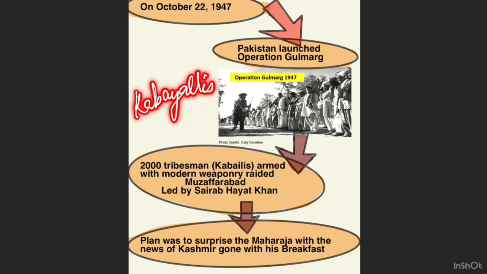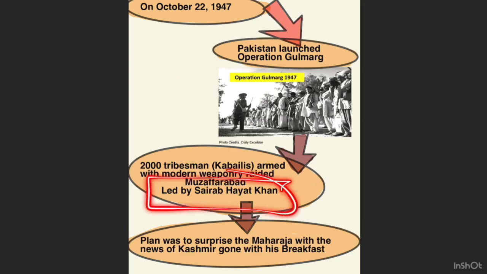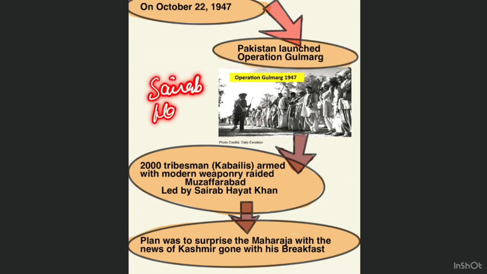If the term Kabyle is used, don't confuse it; it is the same as the tribal invaders. They were armed with modern weaponry and raided the city of Muzaffarabad, led by a Muslim League leader, Sairab Hayat Khan.